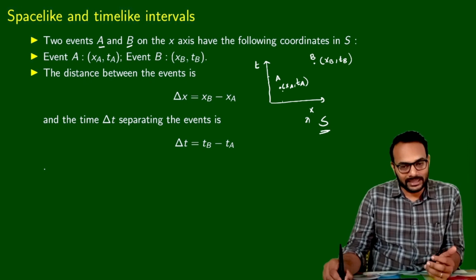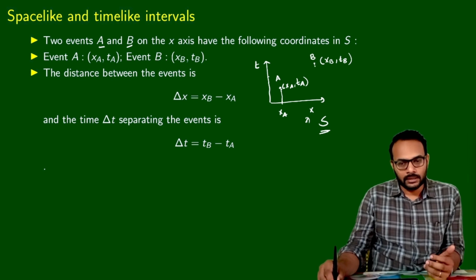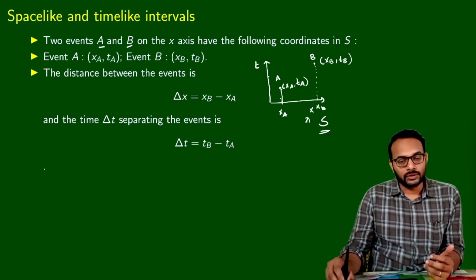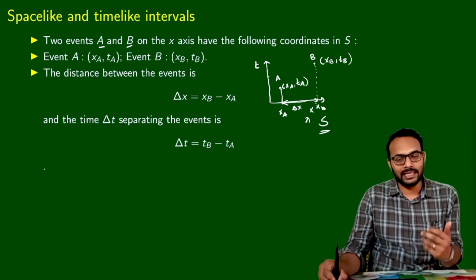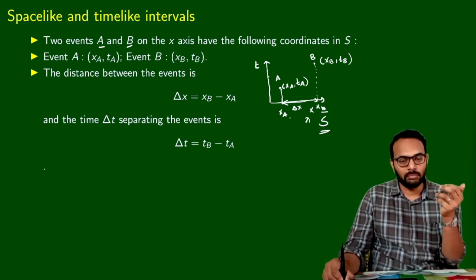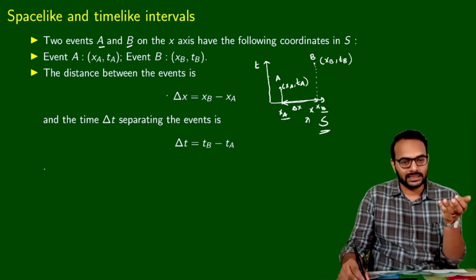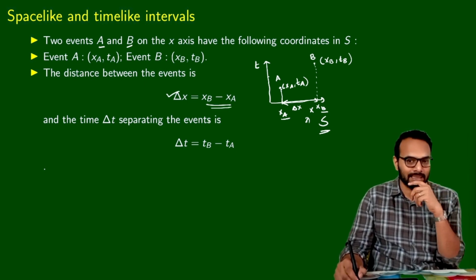To find the space separation, you look at the x coordinate of event A, which we denote as xa. For event B, the x coordinate is xb. So their spatial separation is this distance, which we write as delta x, and clearly delta x is equal to xb minus xa.